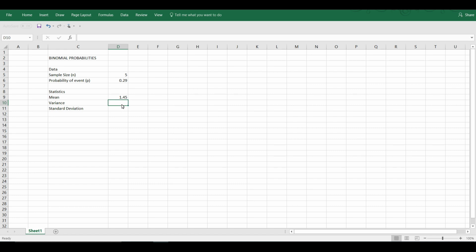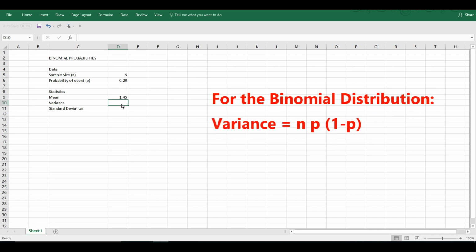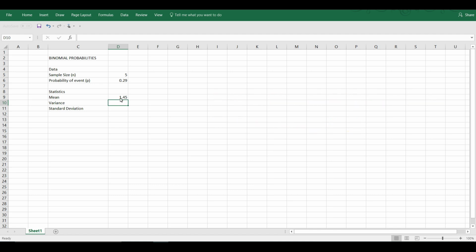Now the variance is n times p times 1 minus p. That's the formula for the variance, n times p times 1 minus p. Well, this cell here, D9, is already n times p. So I can use n times p, which is D9, and then times 1 minus p, and so I would put that in parentheses, 1 minus D6.